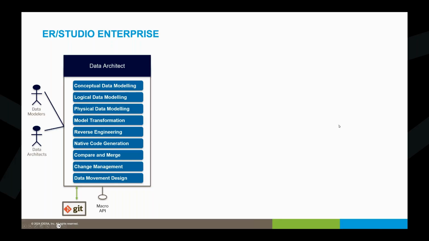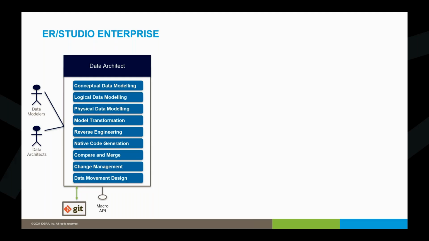ER Studio Enterprise really has three different functional blocks. It has Data Architect, where your modelers and architects are going to be spending their time doing those things associated with the design and curation and really development and documentation of those metadata assets.